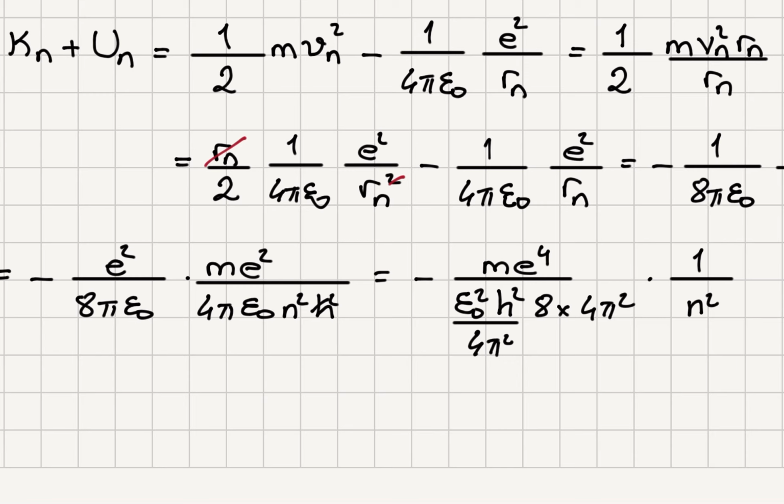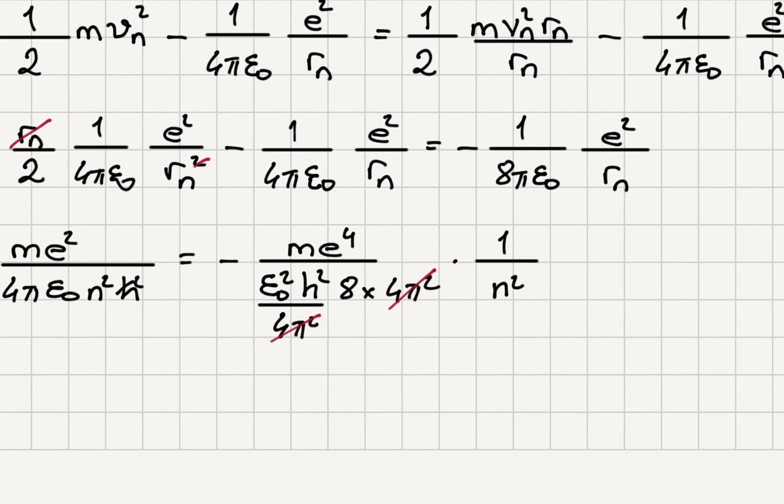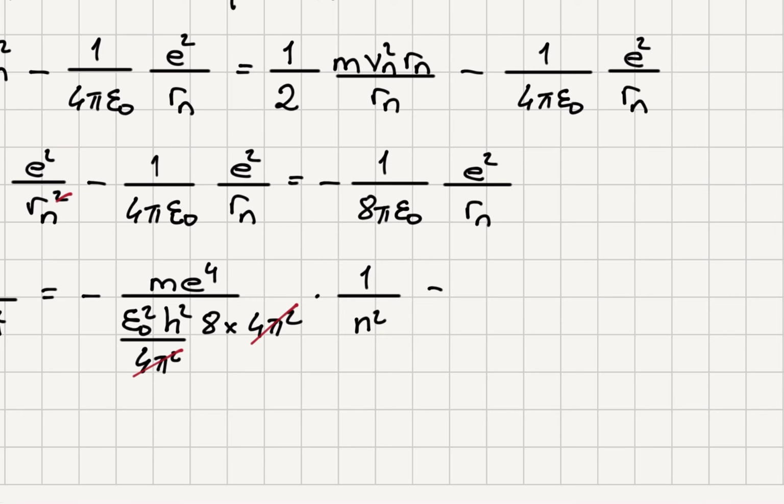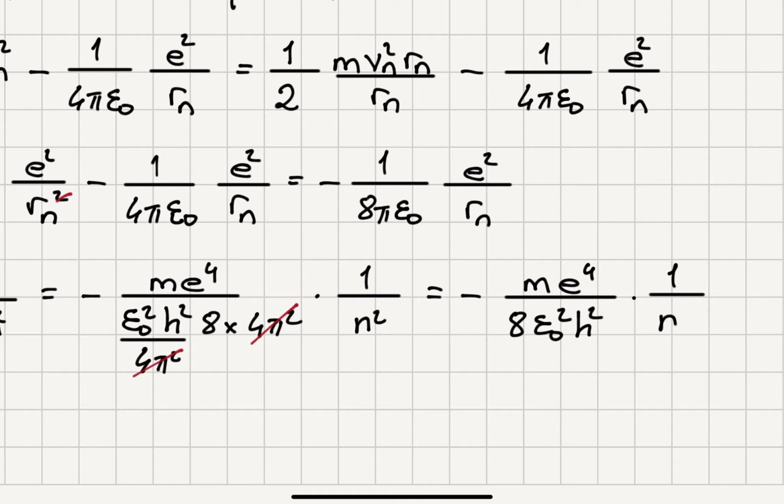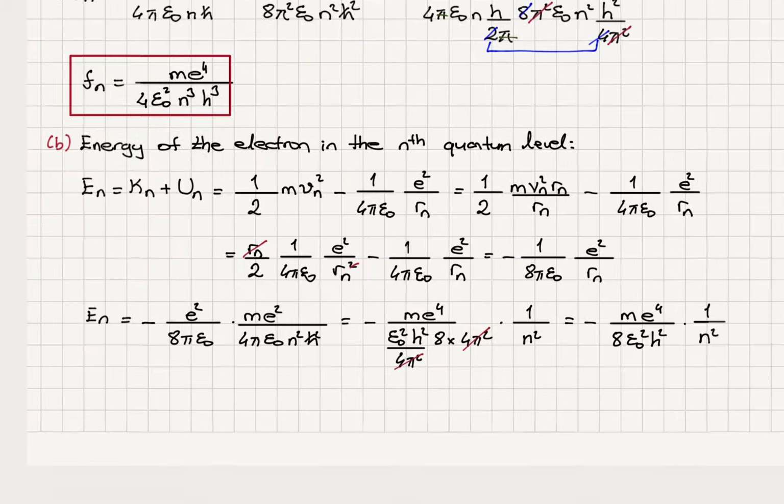So you can see that these 4 pi squares will cancel out, and I will be left with minus m e to the fourth power divided by 8 epsilon 0 squared h squared times 1 over n squared. So that's the total energy.